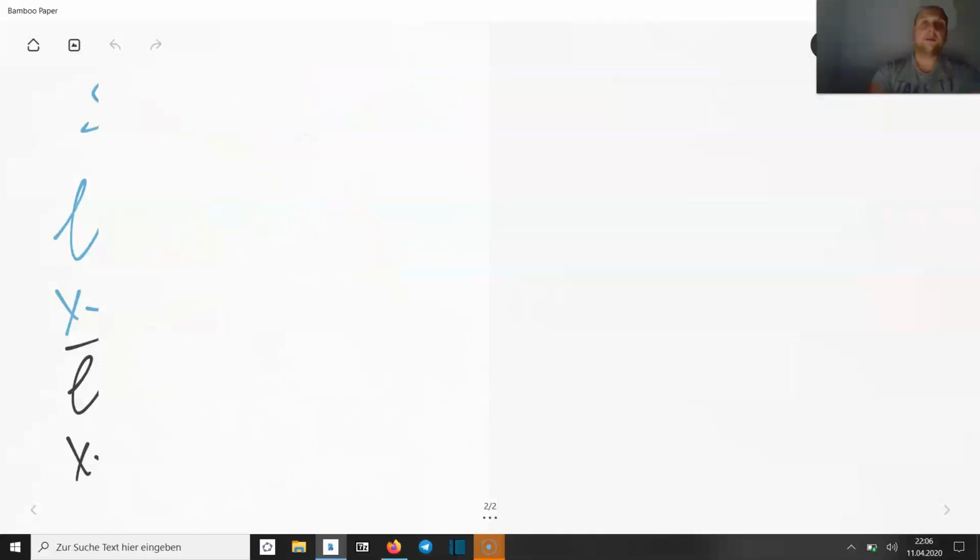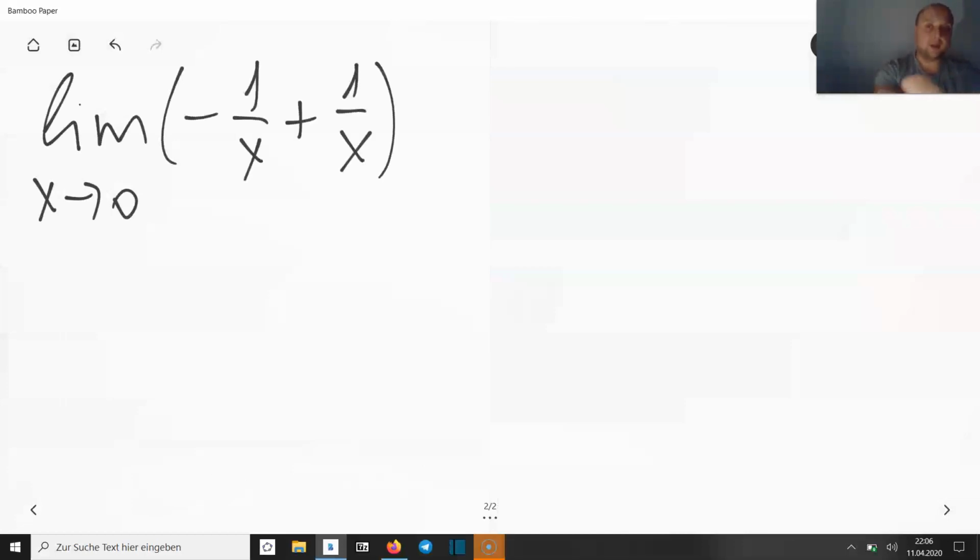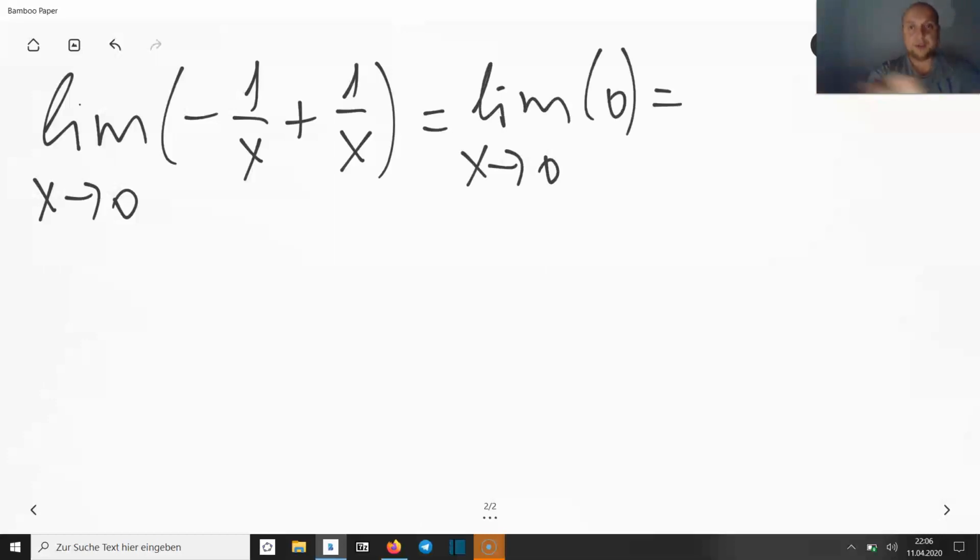But let's have a look at the limit x towards 0 of minus 1 divided by x plus 1 divided by x, one of our bad boys. First of all, the limit x towards 0 of 0 is given, and it doesn't matter what x is approaching, we have a limit of a constant value, which is 0.